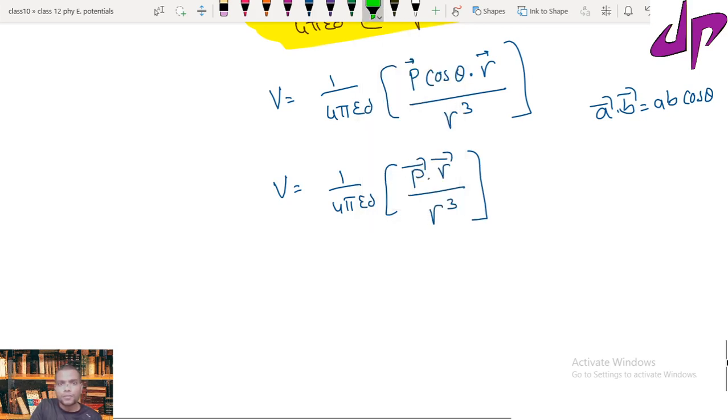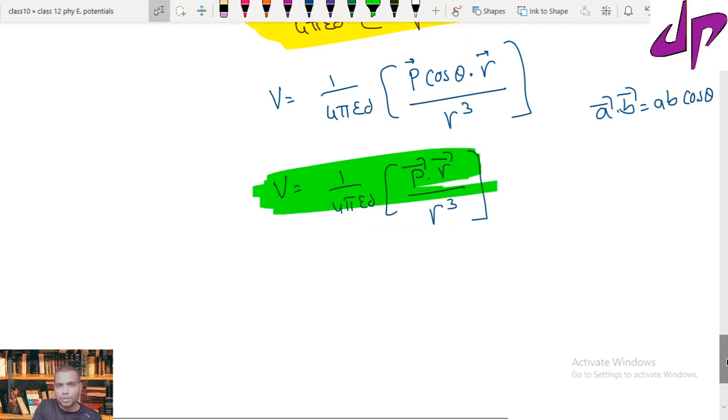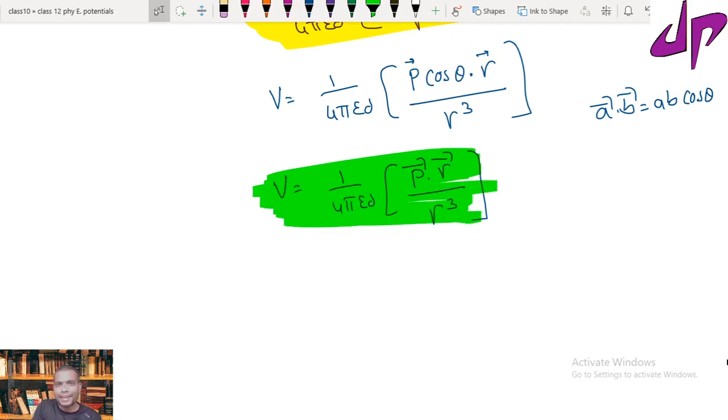This is the simplified expression of the electric potential at any point. So at any point, our axial point is also covered, this formula should work, and along the equatorial point this formula should also work.